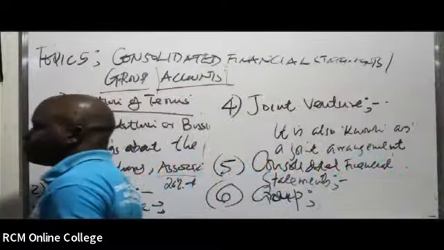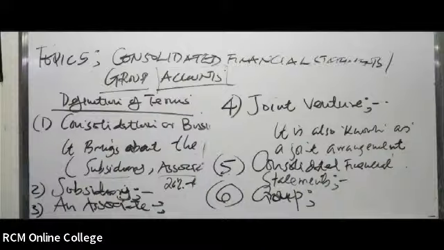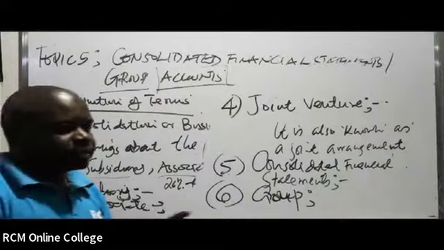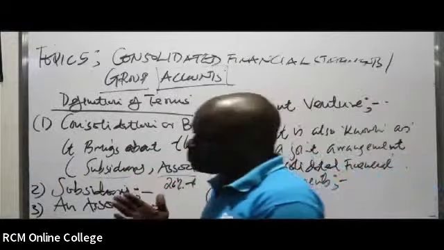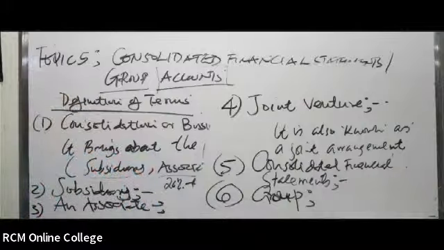If it is a subsidiary, it is controlling the affairs of the subsidiary. If it is an associate, then it has acquired between 20 to 49%. If it is a joint venture, it has acquired 50%. The one that has acquired 50% is the parent company.